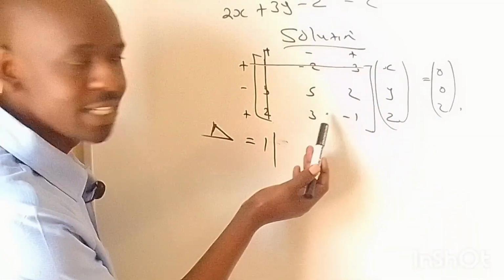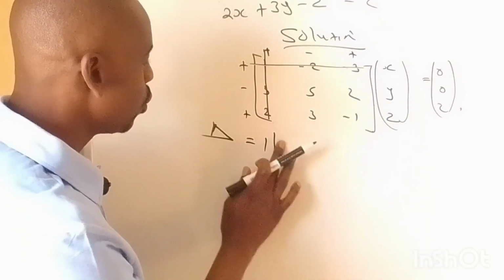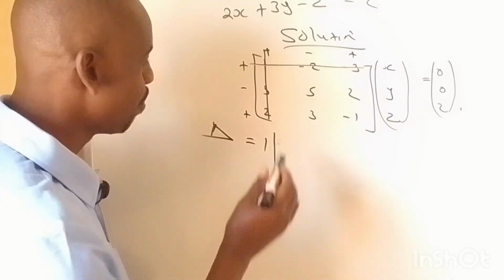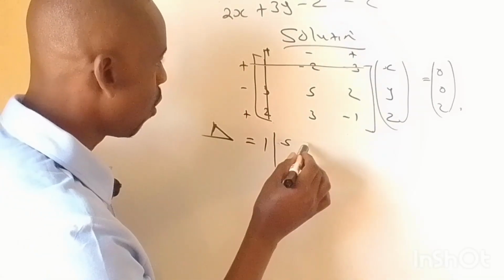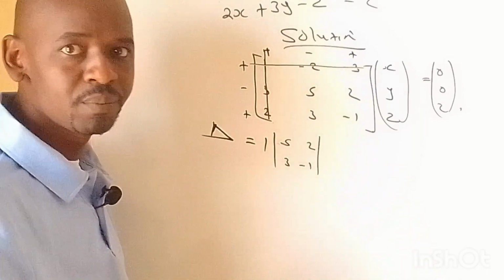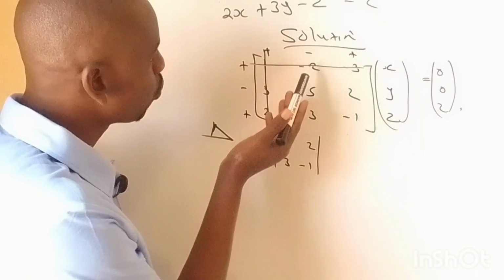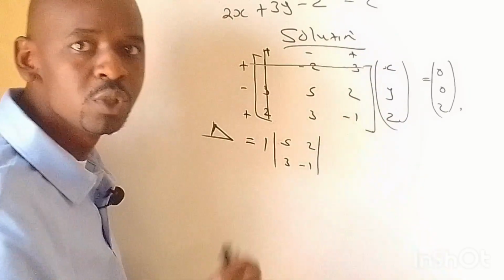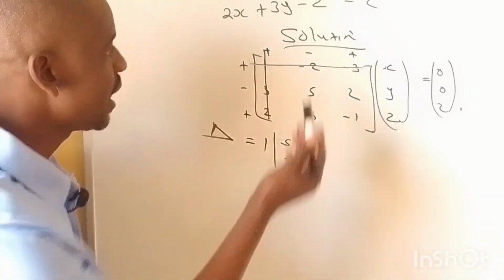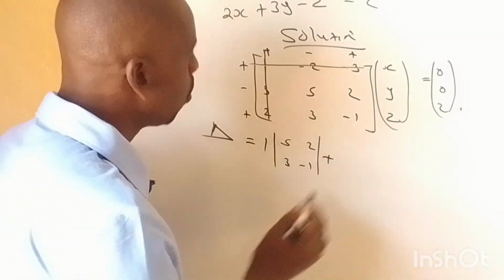So you will see there is a 2 by 2 matrix which is remaining there. Then you take that one which is a positive, and multiply by the determinant of the 2 by 2 matrix which is remaining at the center. Then again, the second part, we have a negative, but our value was negative also. So negative multiplied by negative becomes a plus. So this has become a plus also.